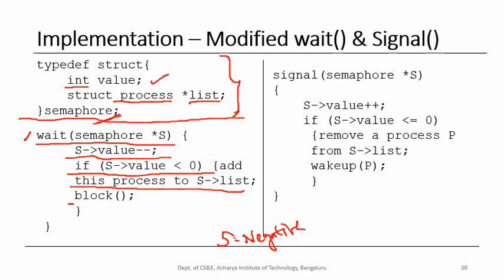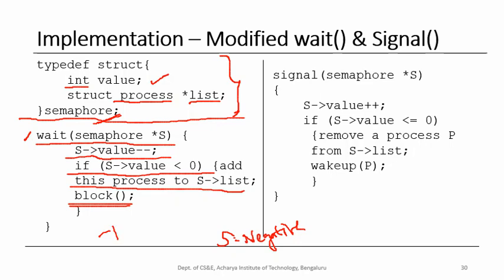Okay, how is it pushed to the waiting queue? By executing a block operation, right? So any process which changes the value of the semaphore to negative will go into the waiting queue and wait, which means that some other process is already there in the critical section.